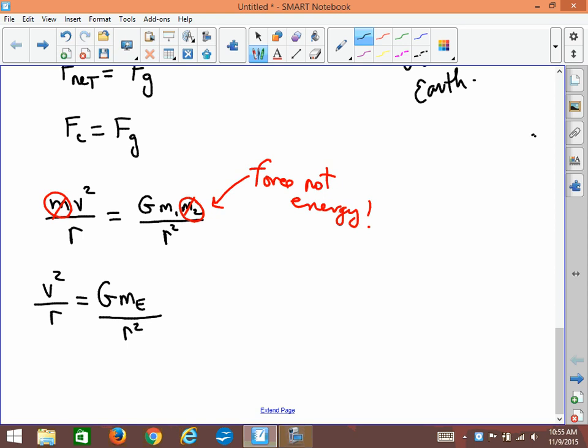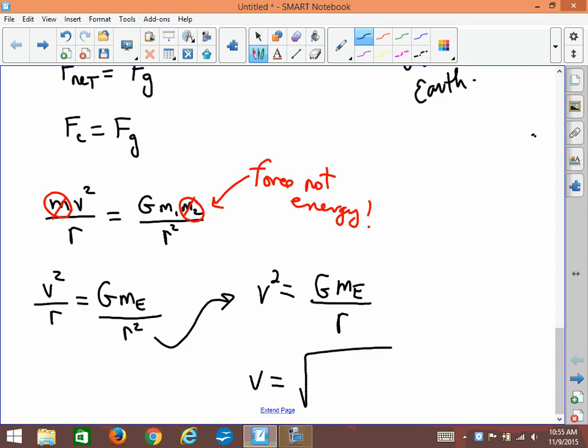If I multiply both sides by r, I can get v squared equals G mass of Earth divided by r. And if I take the square root, then the velocity is root G mass of Earth divided by r.